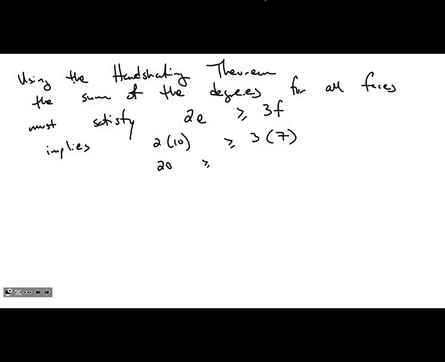So 20 has got to be bigger than or equal to 21. Well, this is false. A contradiction.